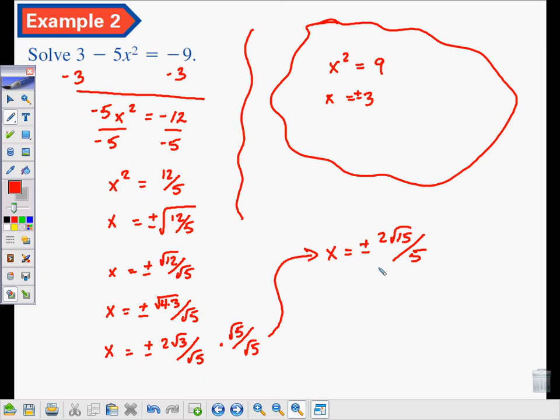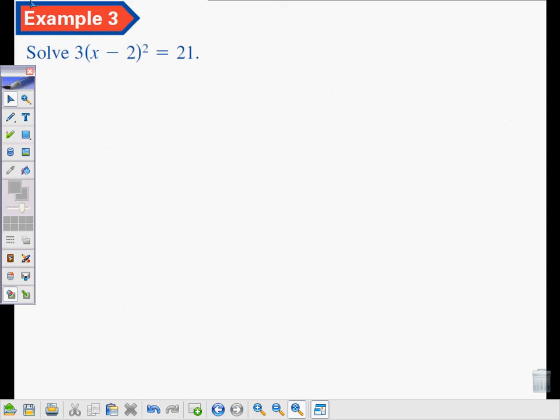Both of those are possible answers. Of course, we would want to go back and plug those into our original equation to check out if they work, but I'm telling you right now they do. So, that is our first experience. That is if I have a single x value, and that being x squared, not 2 of them in there, just 1. All right, let's keep moving.